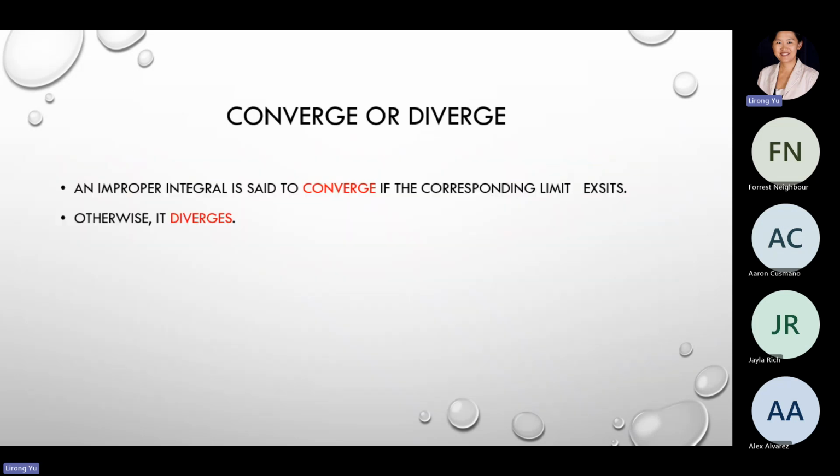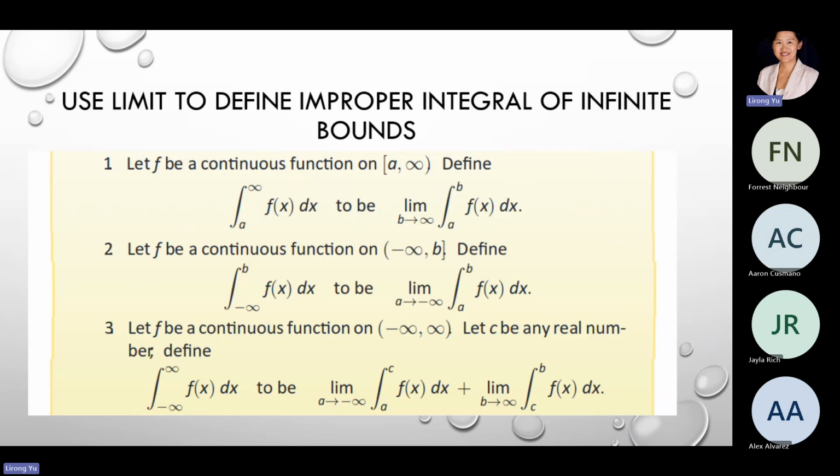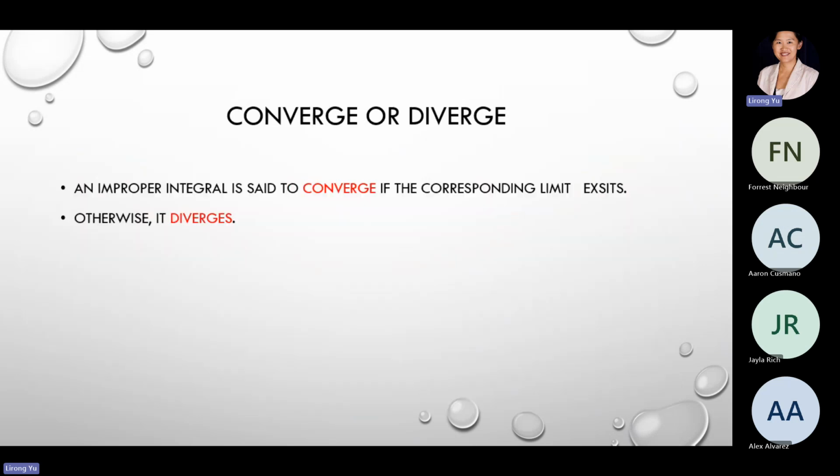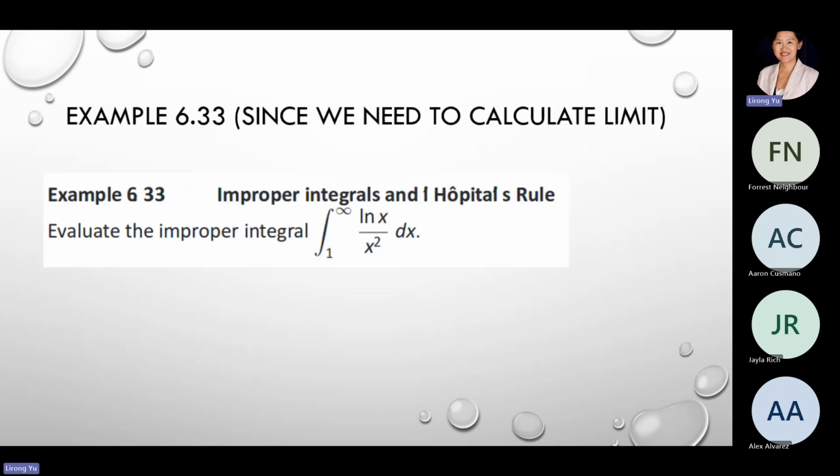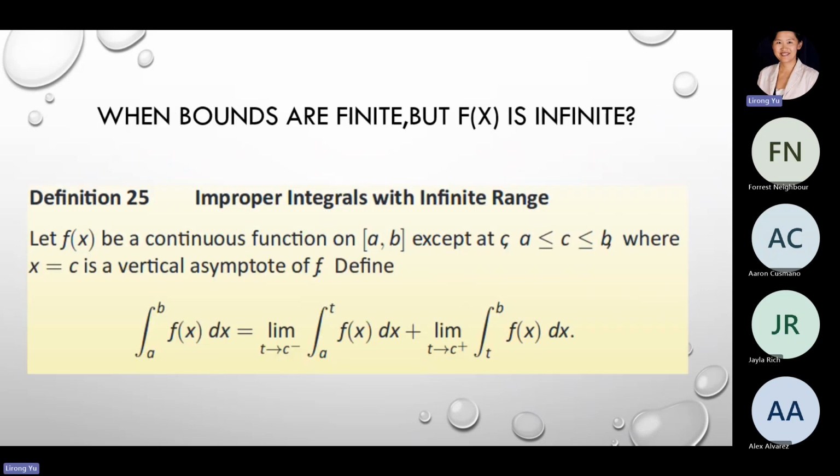In the study of improper integrals, which involves limit calculation, the limit can exist or not exist. When the limit exists, we see the situation as convergent. If the limit does not exist, that's a divergent situation. So we see the integral diverges. And we did a few examples before, right?